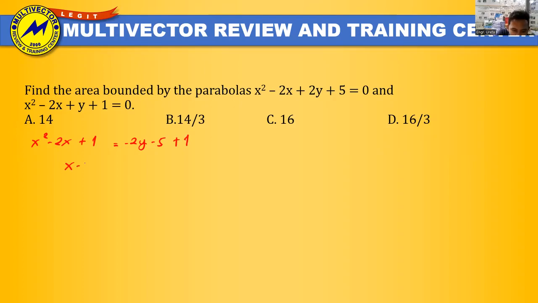Therefore x minus 1 squared is just equals to negative 2 quantity y plus 4. Since negative yan, this parabola opens downward, with the vertex 1, negative 4. Ito yung vertex. Okay, so paano naman yung pangalawang parabola?